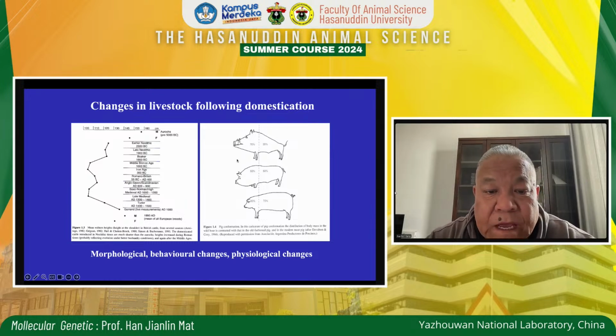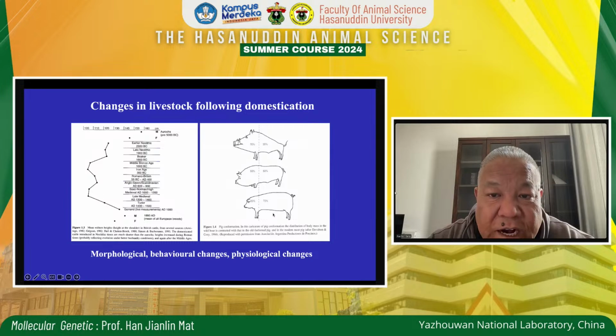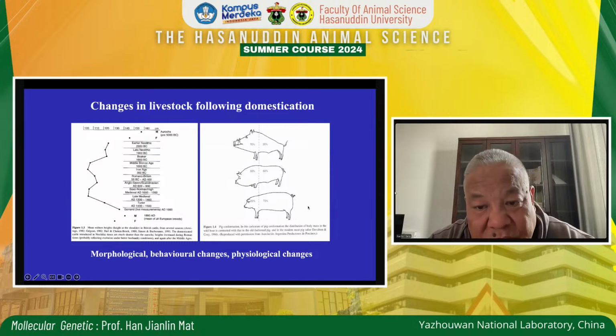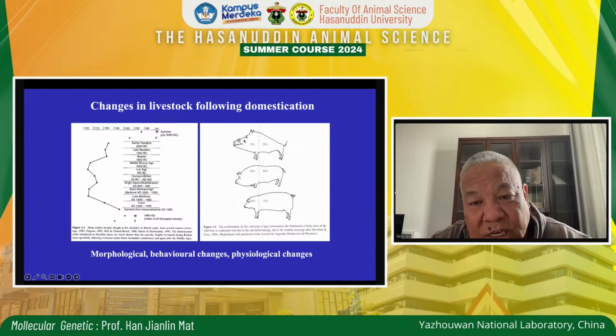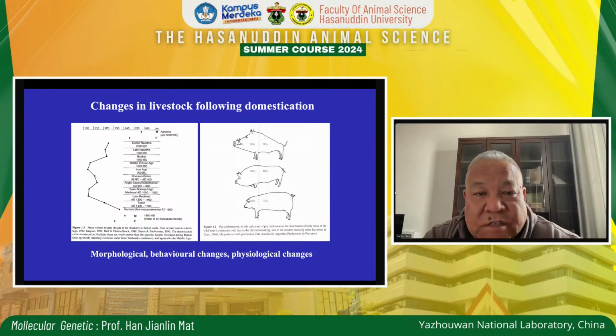One of the examples is the body structure change of a wild boar into a domesticated commercial breed today. You can see that wild boar have much more body size, 70% in the front part, because they are struggling, hunting in the jungle for food themselves.